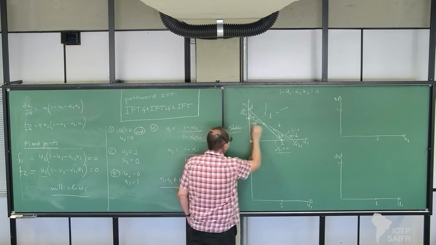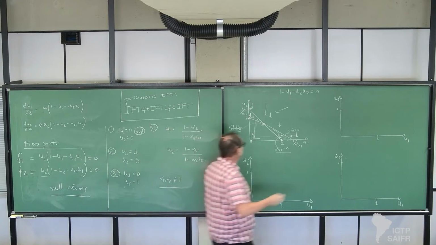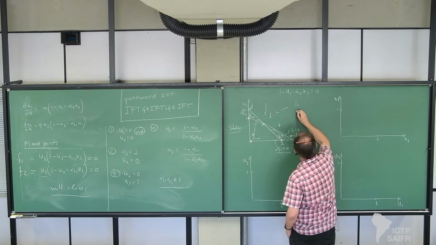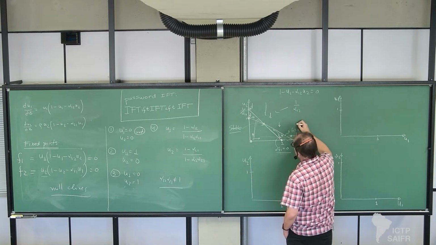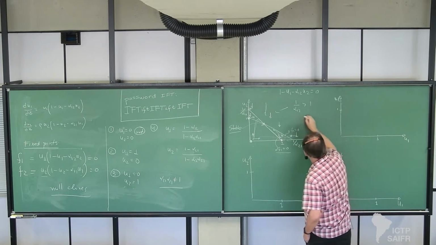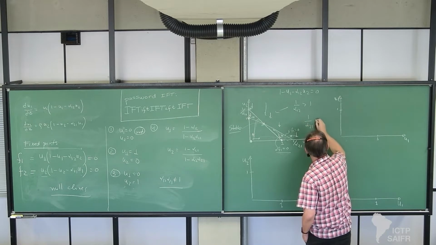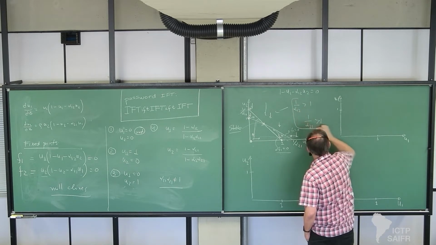And the conditions are: 1 over alpha 1,2 is bigger than 1, and 1 over alpha 2,1 is also bigger than 1.